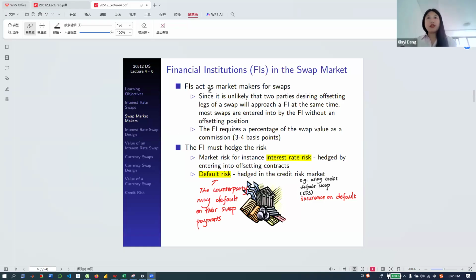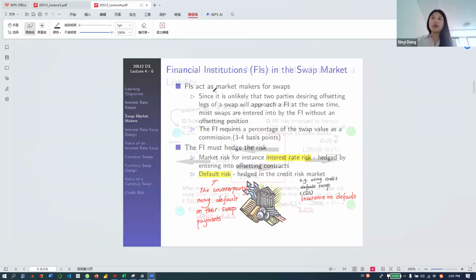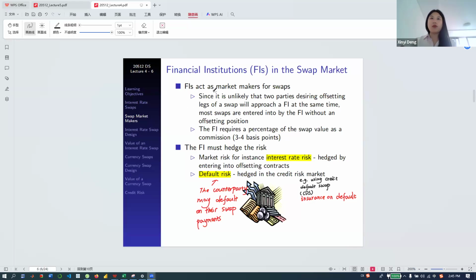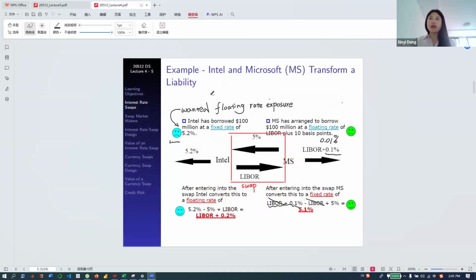So for the financial institutions in the swap market, basically just think about the previous example of Intel and Microsoft.